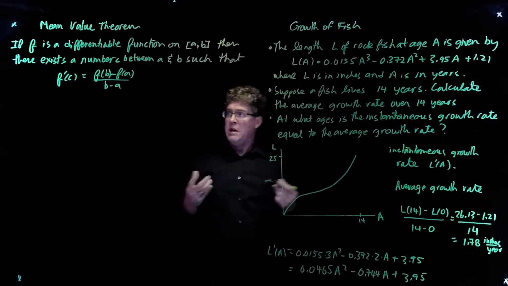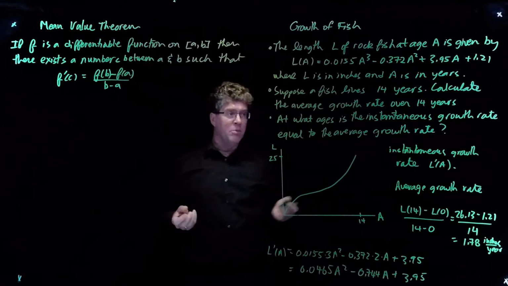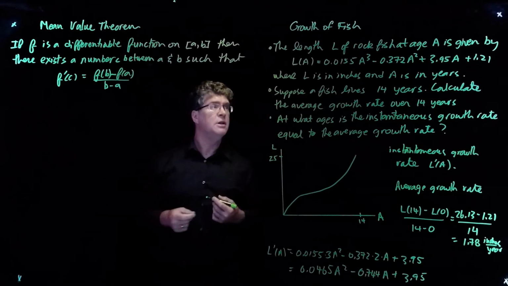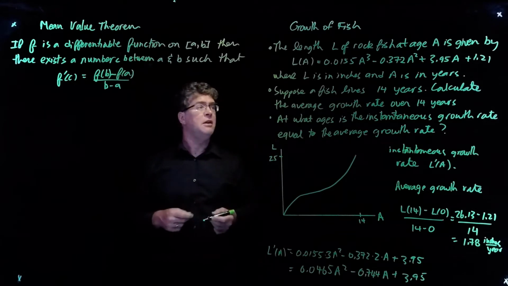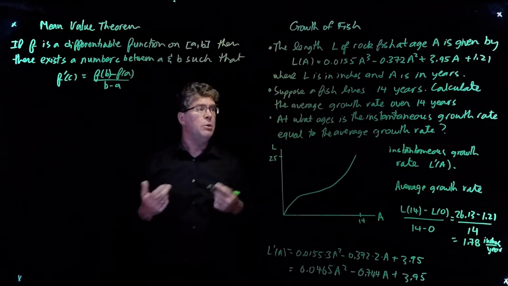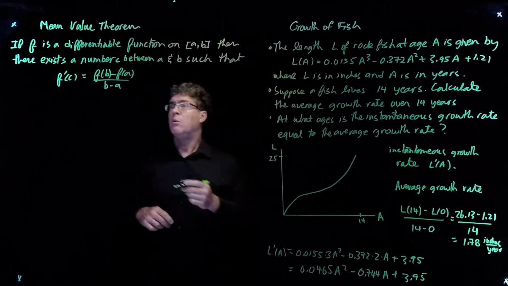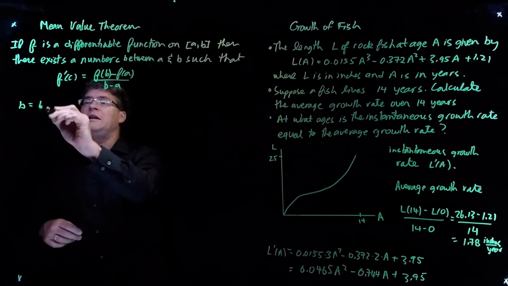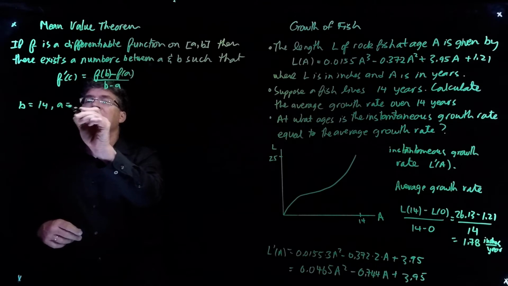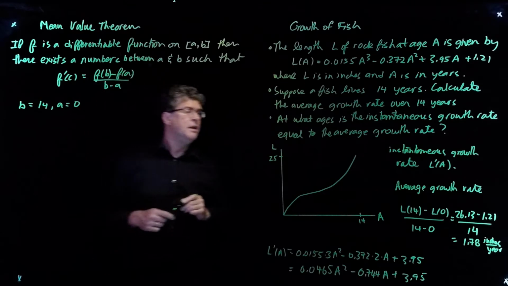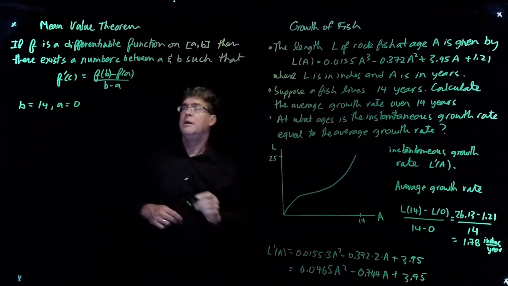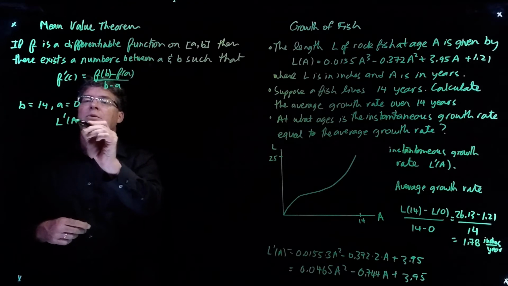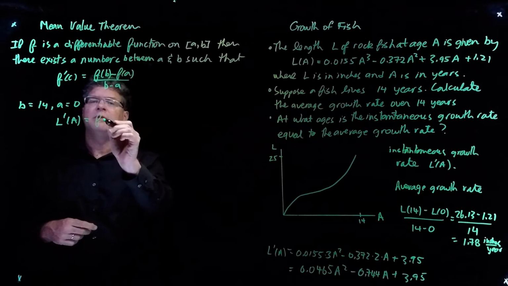Now, if we look at the mean value theorem, we know that there must be at least one age such that the instantaneous growth rate equals the average growth rate. Why? If we choose b equal to 14 and a equal to 0, then we're asking whether we can find a value where L prime of A equals L of 14 minus L of 0, over 14.